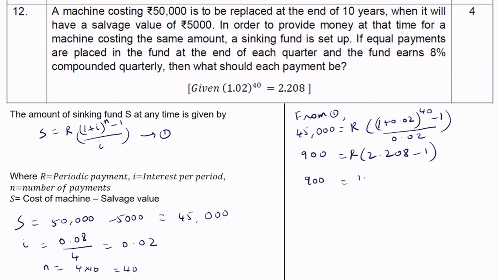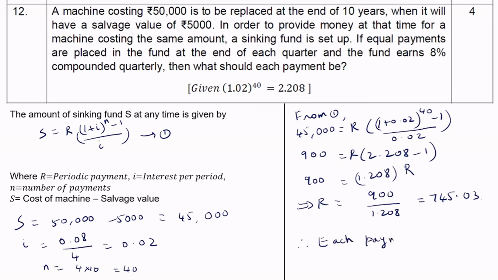So 900 is equal to 1.208 into R. So from here we have R is equal to 900 upon 1.208. This is equal to 745.03. So each payment should be rupees 745.03.